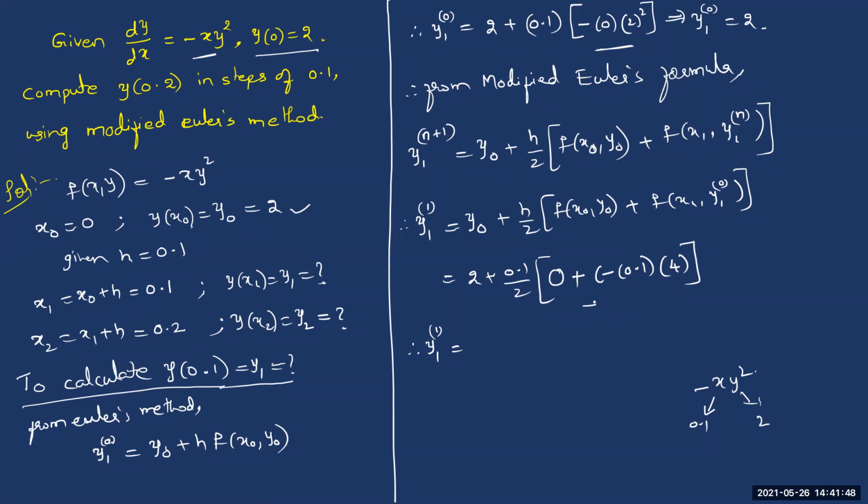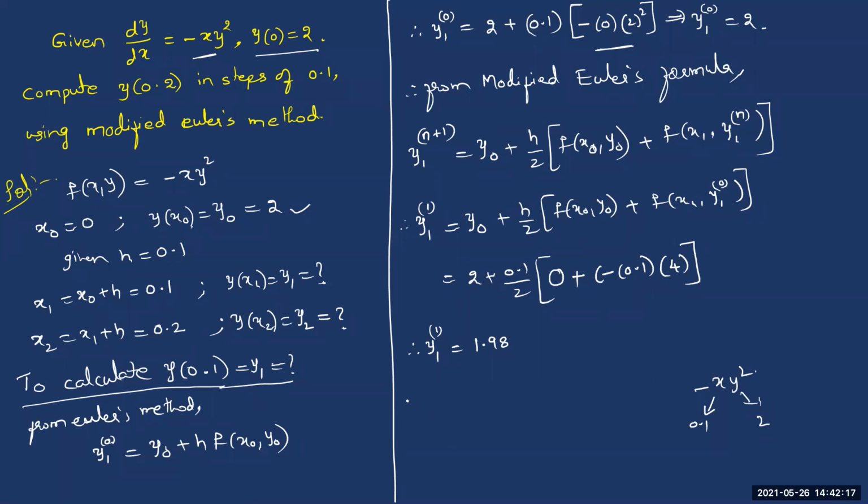This product becomes minus, and when you multiply this minus outside, there also you'll get minus only. That's why I'm writing it as 2 minus 0.1 by 2, which is 0.05, and then inside I'm multiplying: 0.1 into 4 is anyway 0.4, right? So I'm writing it as 0.4. And thereby you see I got this y1 first approximation as 1.98. Right? That is y1 first approximation.